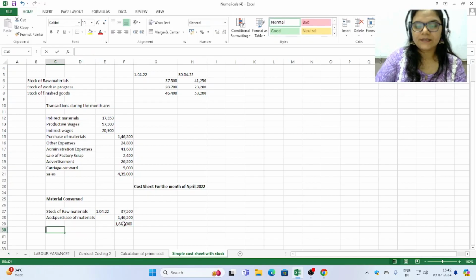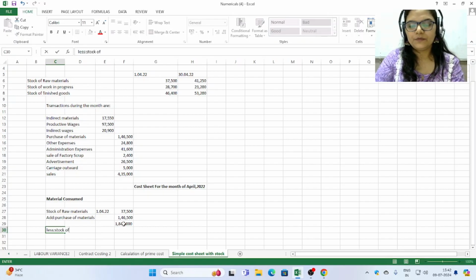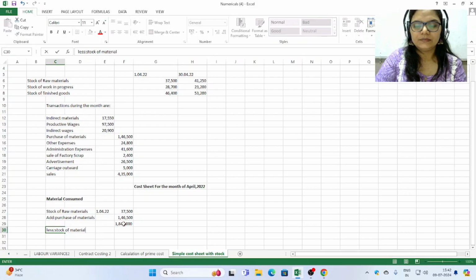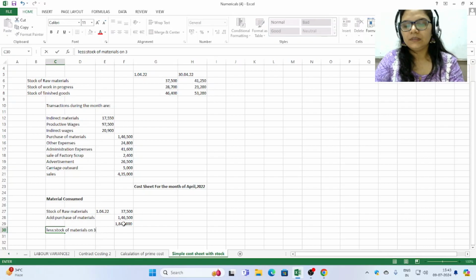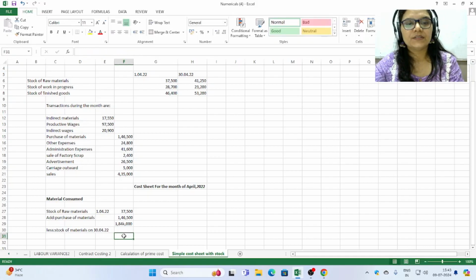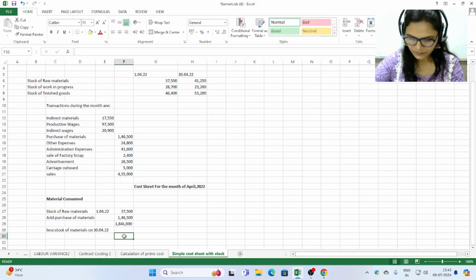Next is less stock of materials on 30/04/22, which is 41,250.